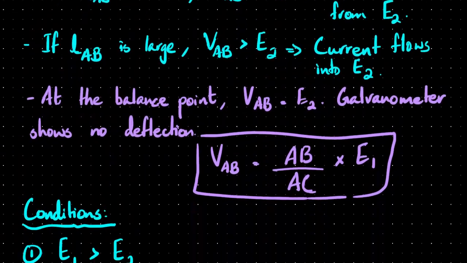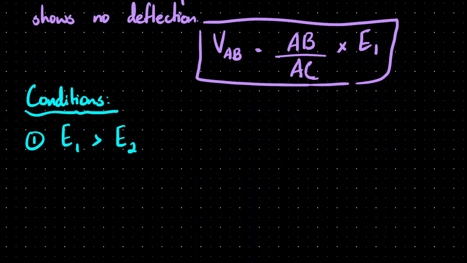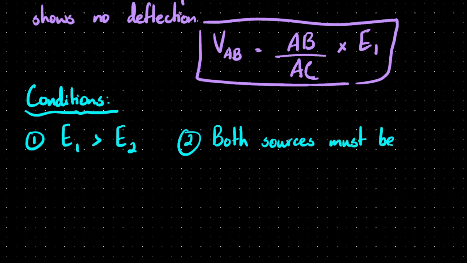So the first condition is that E1 is supposed to be greater than E2, and the second condition is that both sources must be connected as positive and similarly negative.